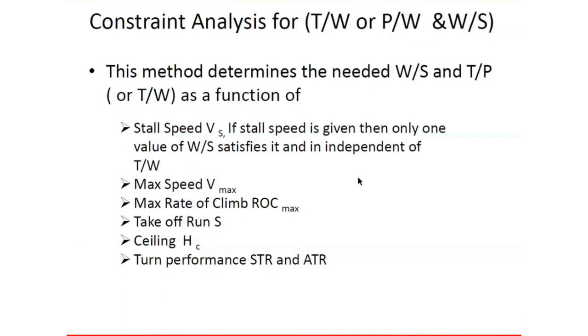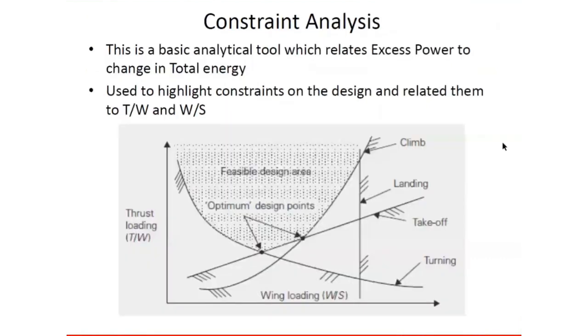So I have already covered part of this in the modern combat analysis elective, and also probably in the initial stages of my introduction. But to recap, the basic analytical tool relates excess power to total change in energy. That's what we are looking at now. The total energy is both potential energy and kinetic energy, and any change in each one of them results in a performance.